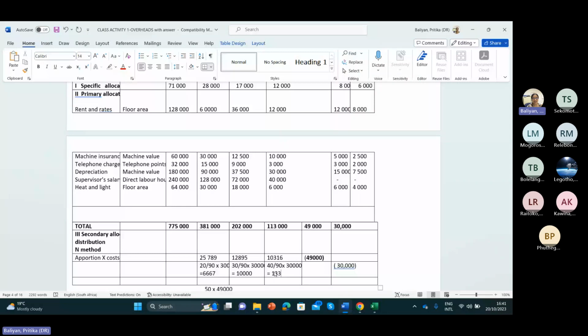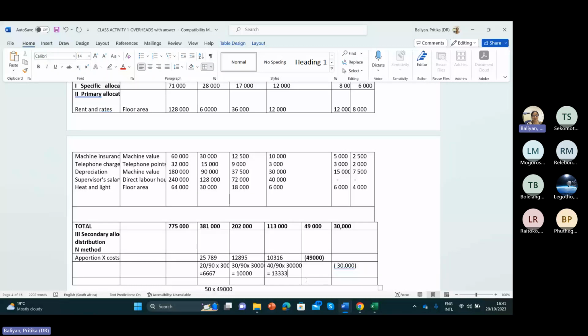That will be. So when you add these three figures, 13,333 plus 10,000 plus 6,667, the total will be 30,000. So all 30,000 has been apportioned among the ABC department, right?